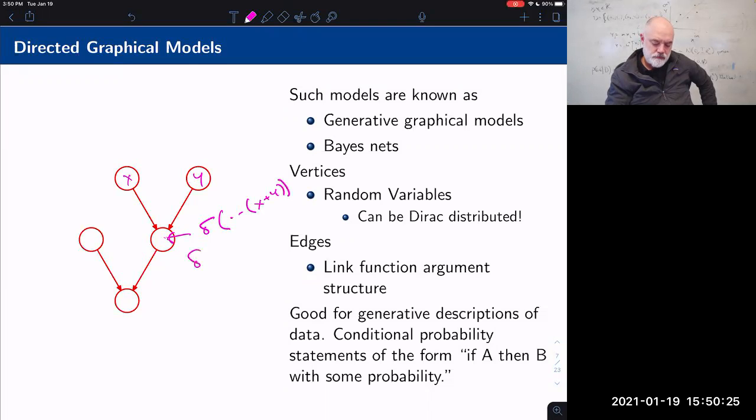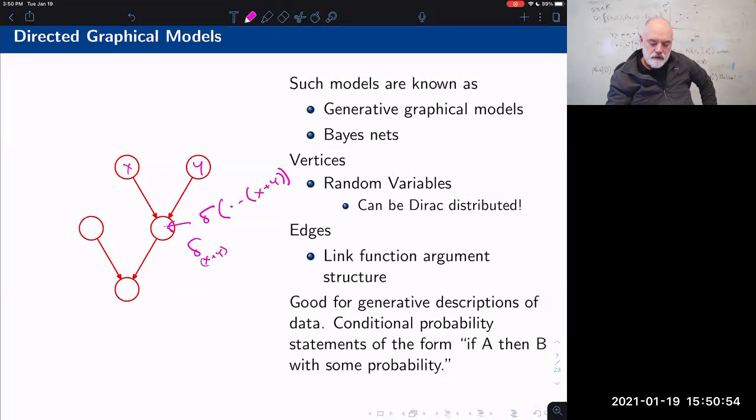Or in statistics notation, it would just be a delta mass, or a Dirac mass, on the value x plus y. So in other words, these are going to be conditional probabilities, but a Dirac distribution on a deterministically distributed quantity is still a conditional distribution. So deterministic computation graphs are a subset of graphical models.